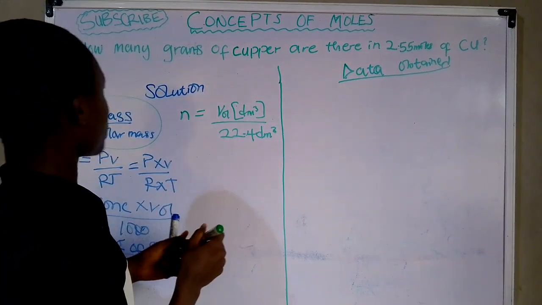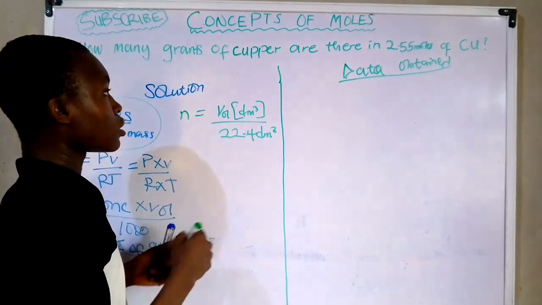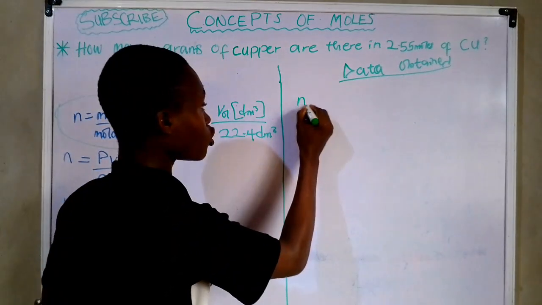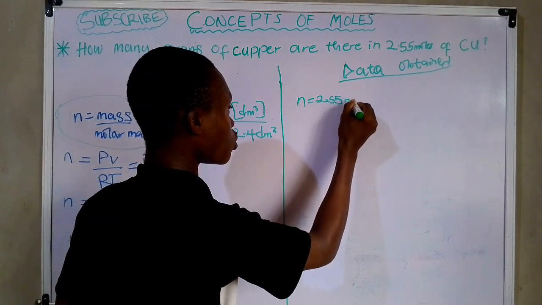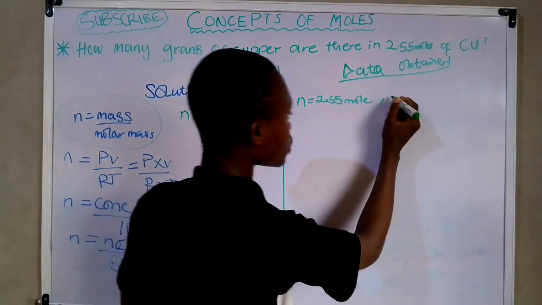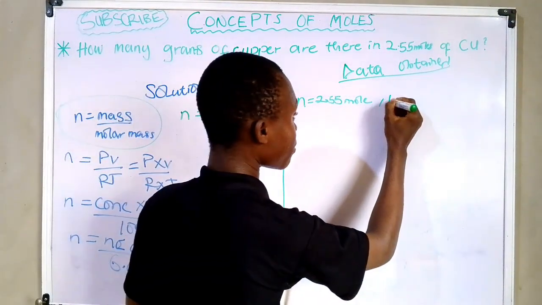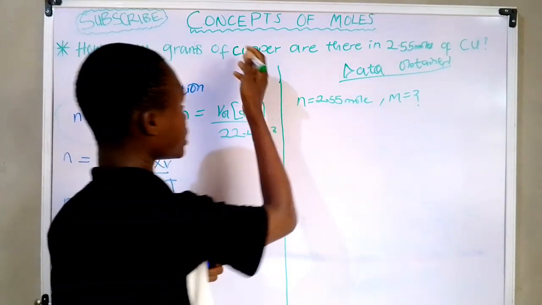For this, we have to calculate the grams of copper. We are given the number of moles to be 2.55 moles. The grams, which is the mass, is unknown. We have to calculate the mass, which is in grams.